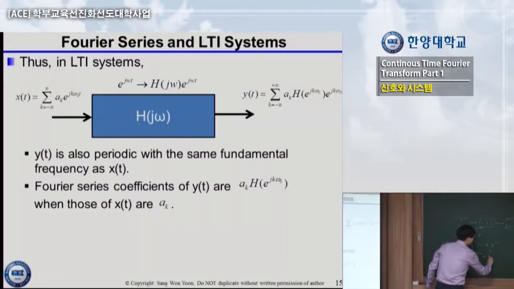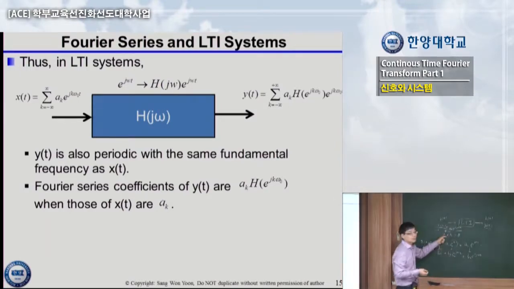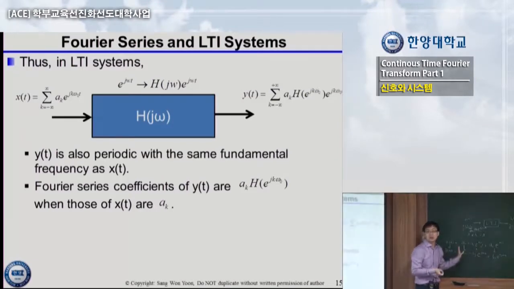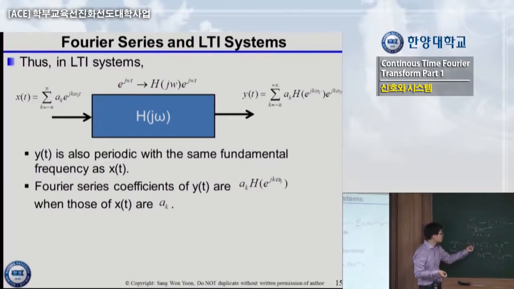Likewise, b2 e to the 2j omega 0 t will come out. So one way you can find the solution is to take each component, do the convolution, find each output, and add them eventually, because this is a linear time invariant system. As this is linear, we can separate them, process them individually, and add them in the final value. This is what we have done before.